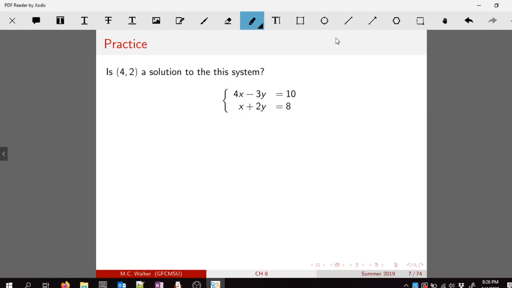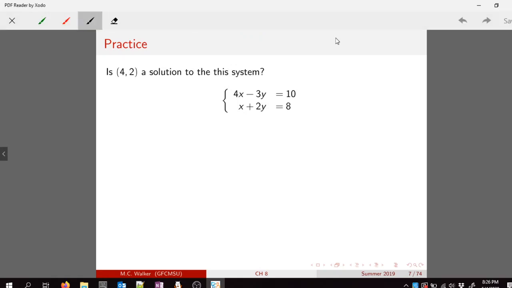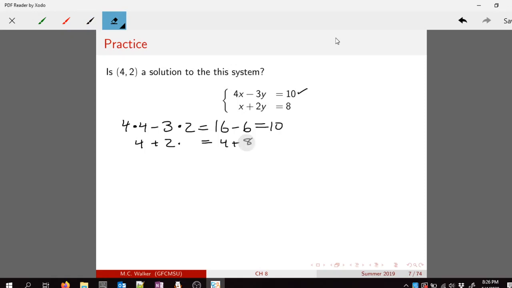We need both equations to be true. What about (4, 2)? Is that a solution to this system? Well, let's see. 4 times 4 minus 3 times 2 is 10. Then 4 plus 2 times 2, oops, got ahead of myself. 4 plus 2 times 2, 4 plus 4, which is 8.